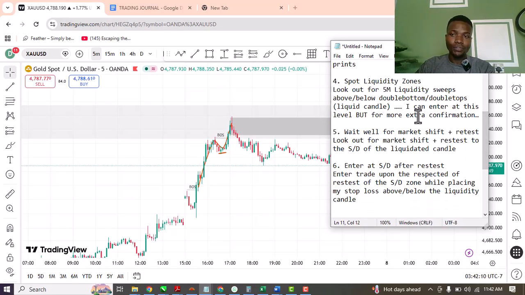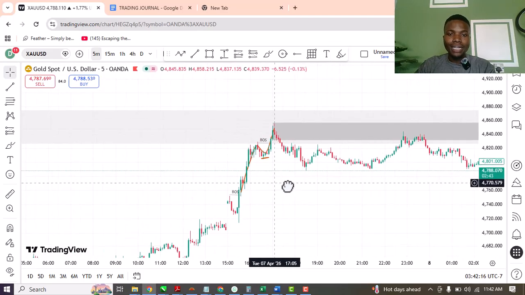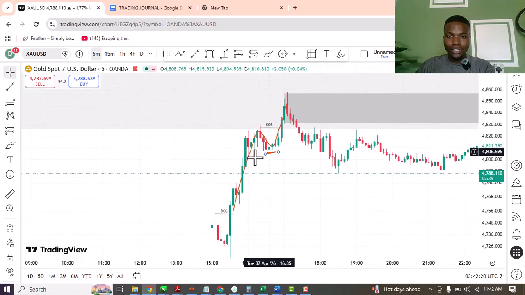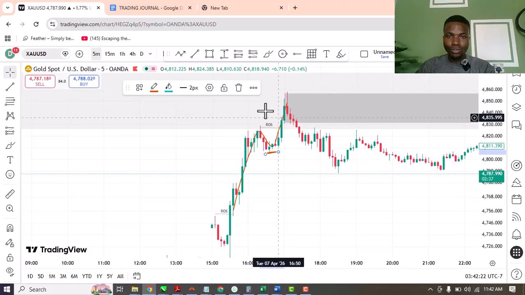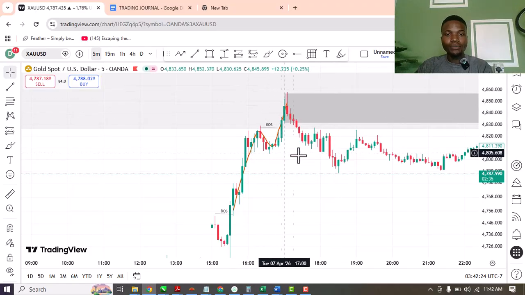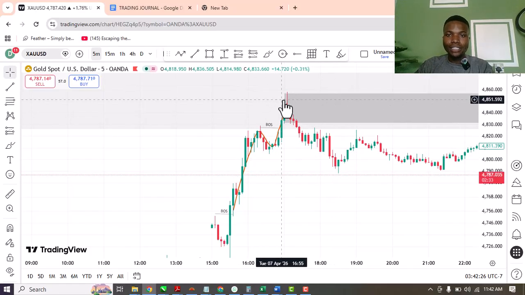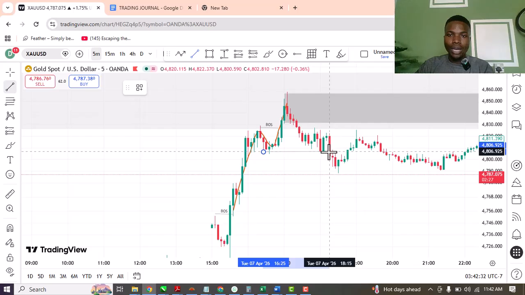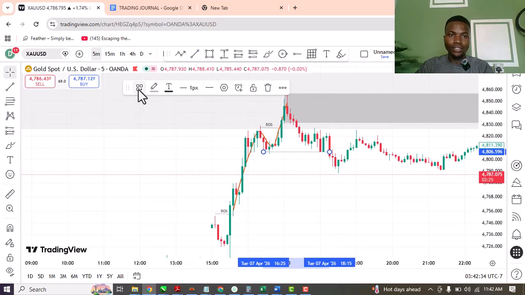If I'm going to wait for last confirmation, it means I want to wait for market shift. Since we have identified our last low here, we can see that price moved aggressively to the downside. Price has broken this previous low, and this is my market shift.